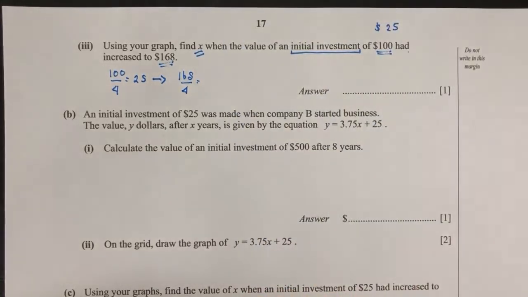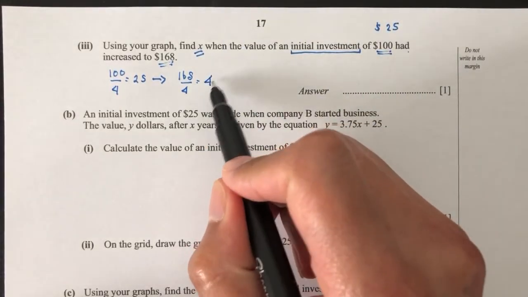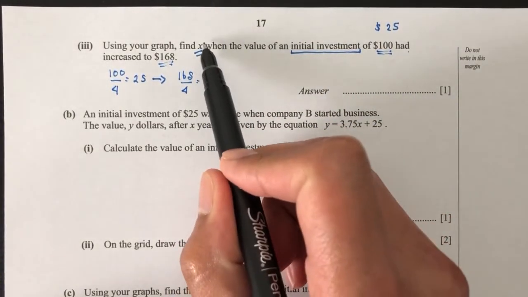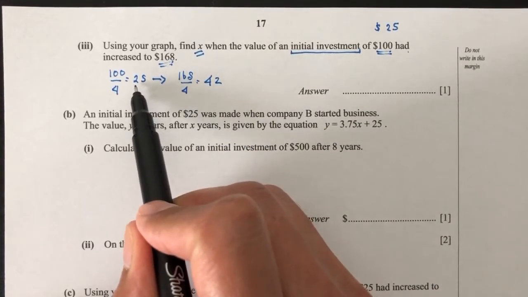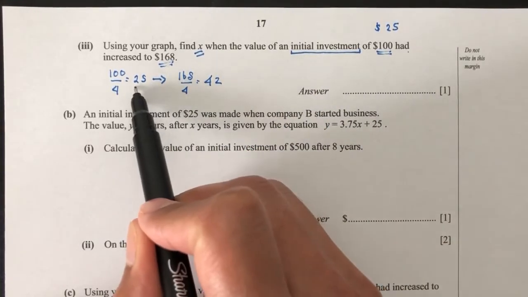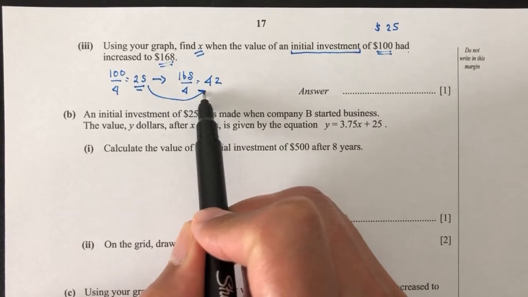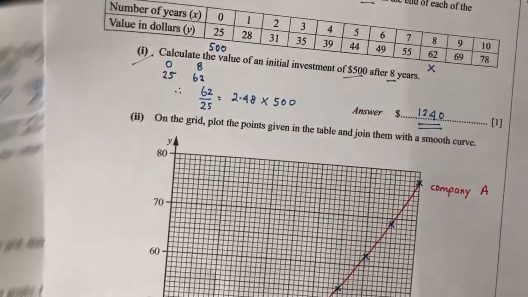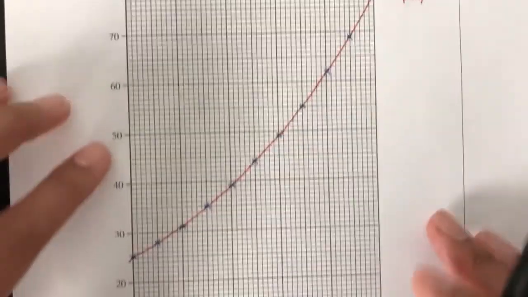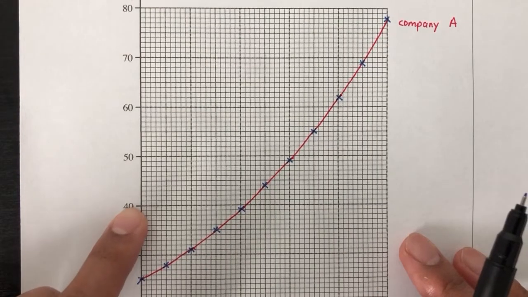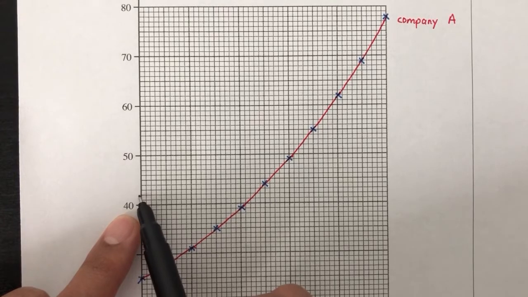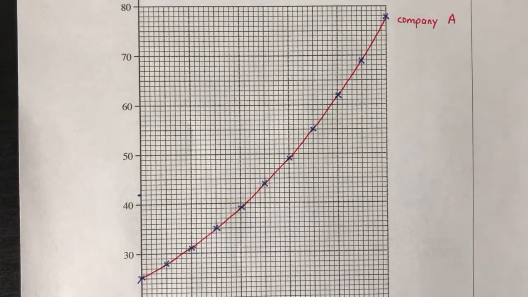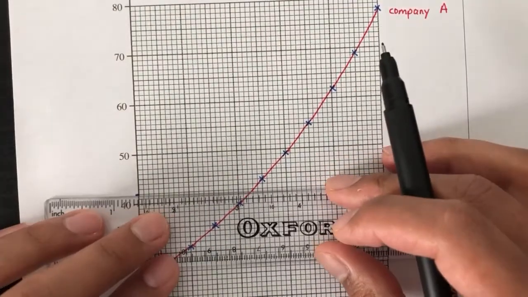That will be 42. So basically we have to find the value of x for when 25 is increased to 42 on the graph. So let's do that. So here we have, that's 25 to 42. So 42 will be where? This is 41, 42 will be here. So find the value of x for 42.